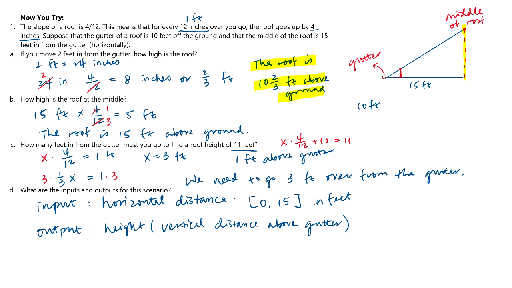That's what we calculated in part B. So with this, we would get 0 to 5. Again, it's measured in feet for our purpose. And that's how we can answer the questions over here. Make sure everything makes sense to you, and especially make sure the inputs and outputs have restrictions on both ends based on what we're describing here.